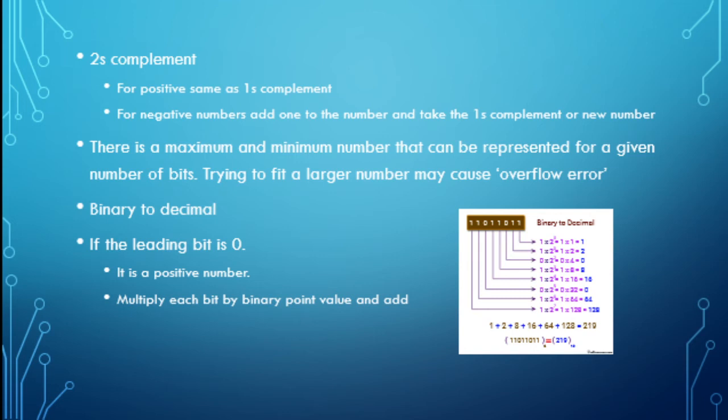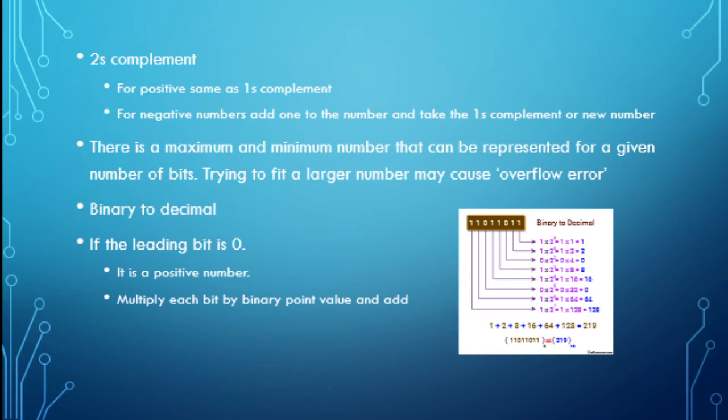There is a maximum and a minimum value that can be represented using a given number of bits. So if you try to fit a larger number than what is able to fit in that space, you will get an overflow error.